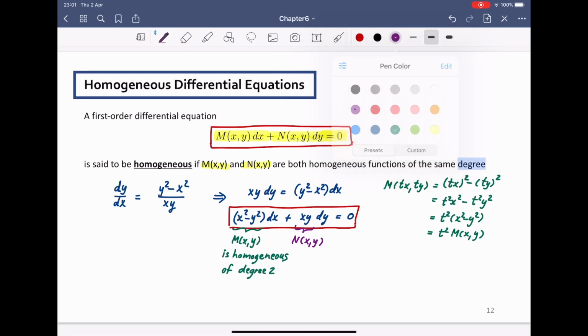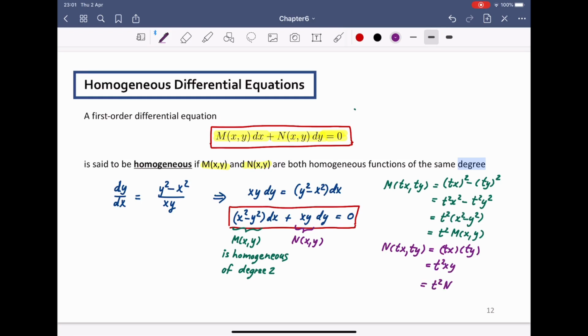And then let's do N(tx, ty). This is equal to tx times ty, which is t squared times xy, so it is t squared times N(x, y). So N is also homogeneous of degree 2.